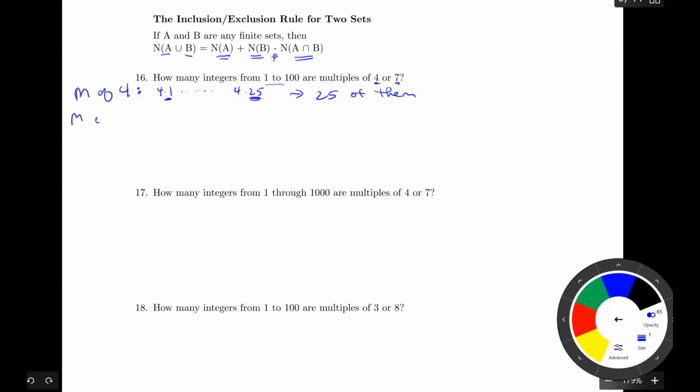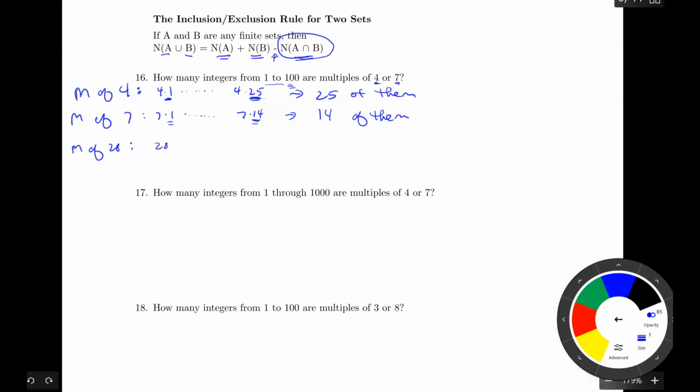Okay, so now I want to do the multiples of 7. So I'd have 7 times 1 all the way up to 7 times 14, and that keeps me below 100. So how many of them are there? 14 minus 1 plus 1, so there's 14 of them. And then I want to find out how many multiples of 28 there are, because that would be 4 times 7, and that's what I'm going to need to subtract, right?